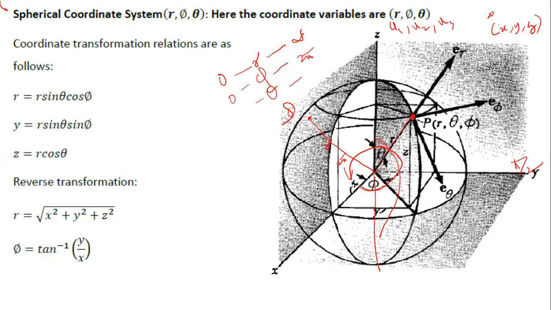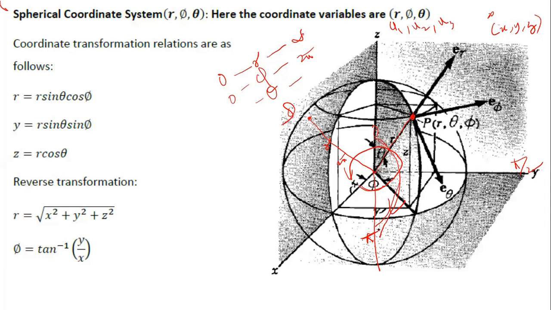If you want to extend to the lower half, theta can go from 0 to pi.